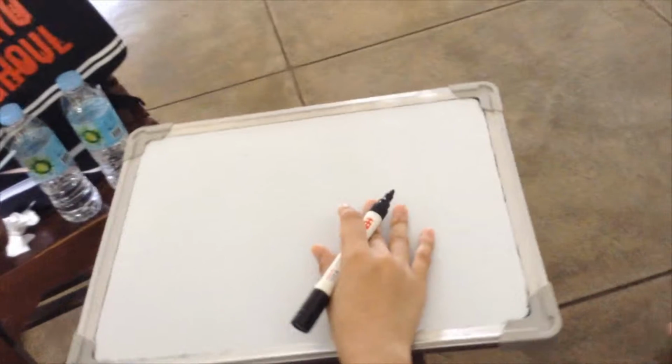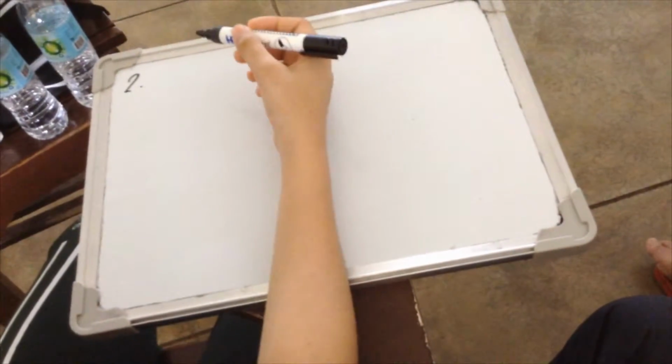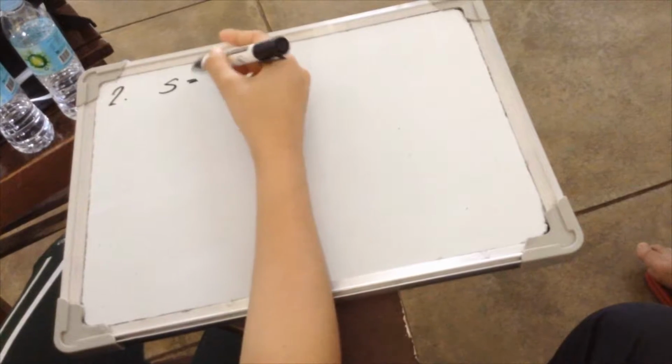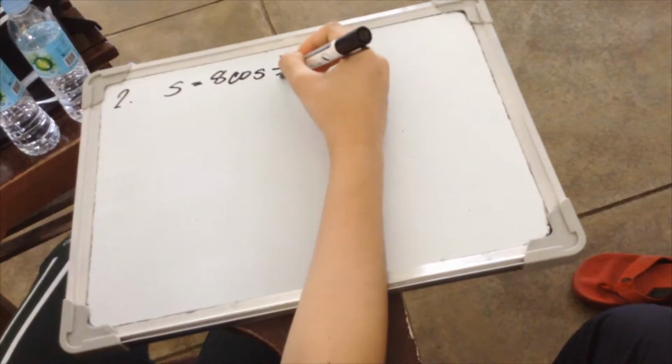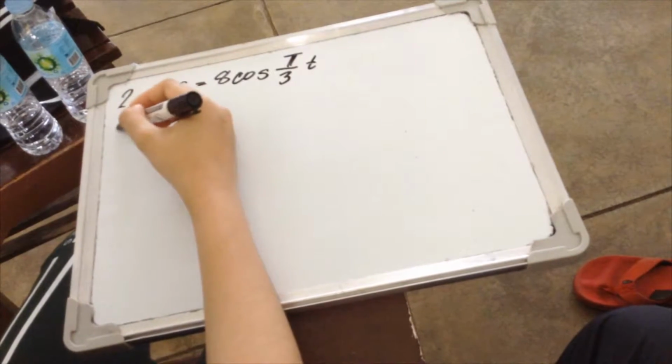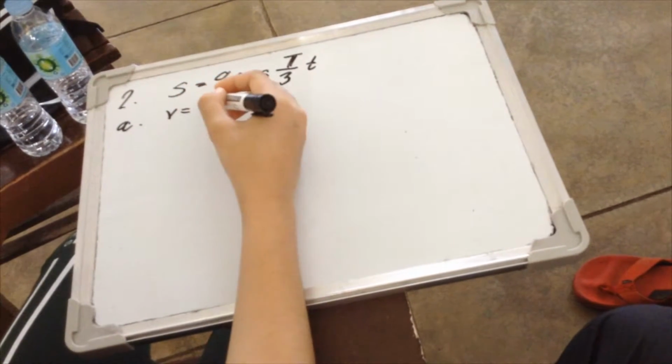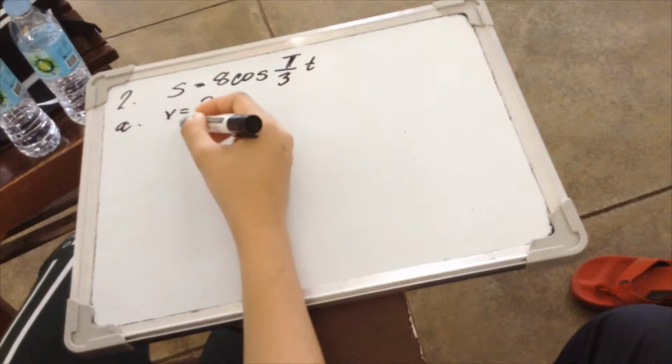In problem 2, a weight is vibrating vertically according to the equation s equals 8 cosine pi over 3 times t. In 2a, find the velocity of the motion for any time t. For problem 2a, we have to find the velocity.